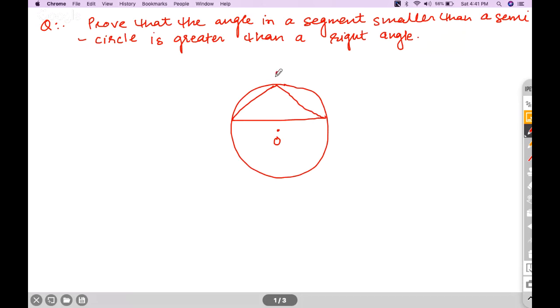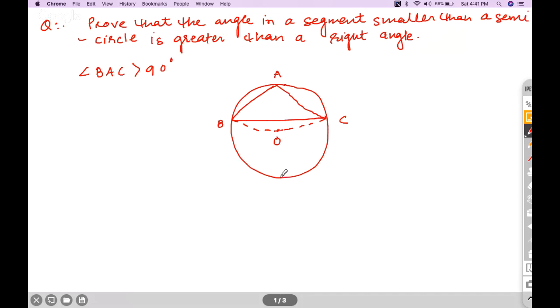So suppose this is A, this is B, this is C. I have to prove that BAC is greater than 90 degrees. So let me go here. So I know that the angle subtended by an arc of a circle at the center is double the angle subtended by it at any point of the circle.